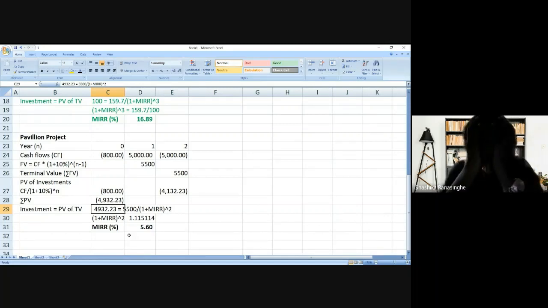Modified IRR is the discount rate at which the present value of all outflows is equal to the present value of terminal values. Right. So all the present value of investments should be equal to the present value of terminal value. Clear? Okay.